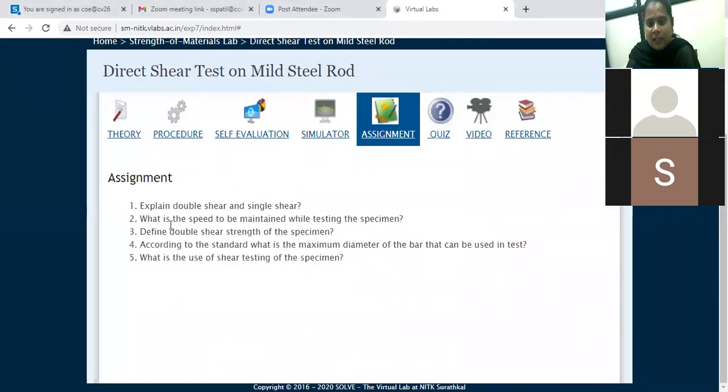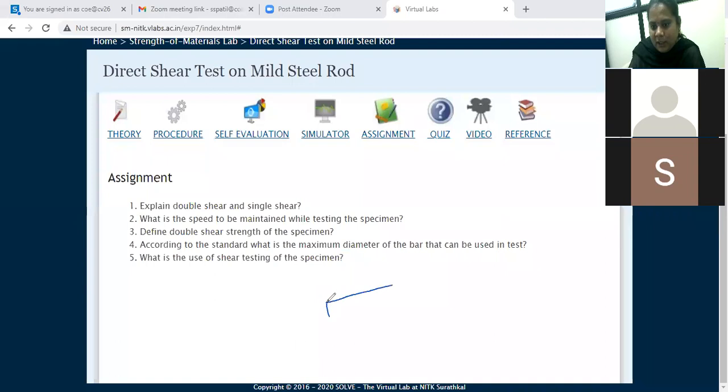In that, the first question: explain double shear and single shear. I have already explained. Suppose, when do we say single shearing and when do we say double shearing?